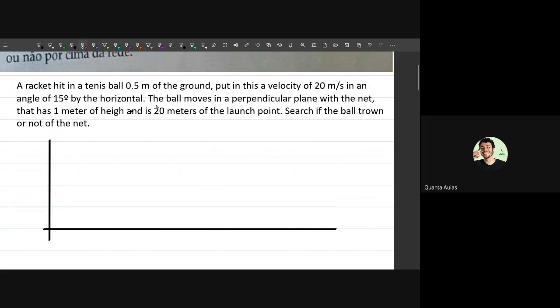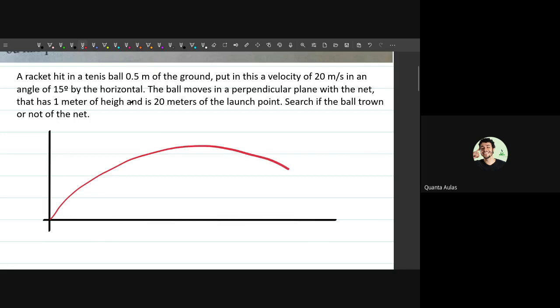But again, we have a situation, this kind of situation. But I don't know if the ball will pass over the net because the net can be higher than the ball in this position, the position of the net.